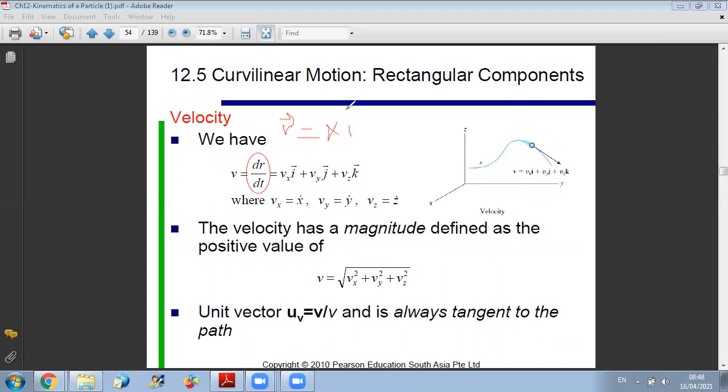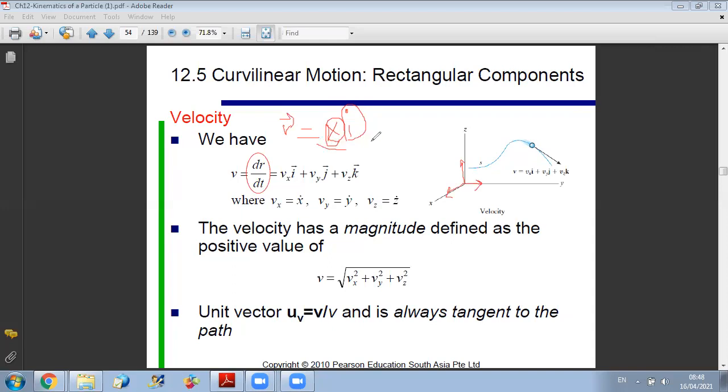I will differentiate xi, and for the remaining ones, it's the same method. Here you have an algebraic value times a vector. But because i, j, k are fixed vectors, their derivatives are 0. So I just have to differentiate x.